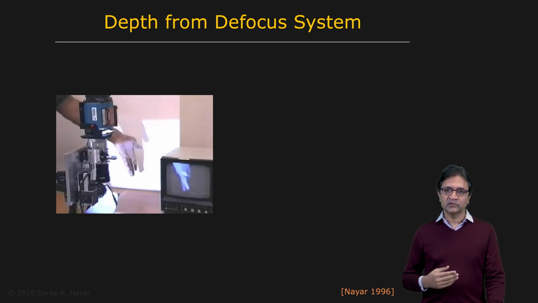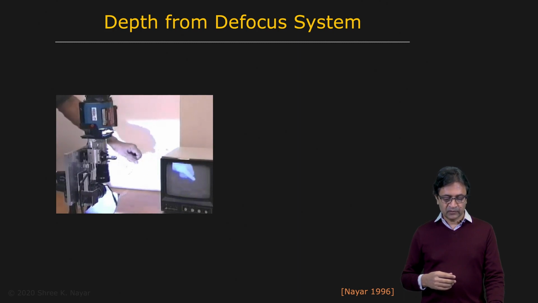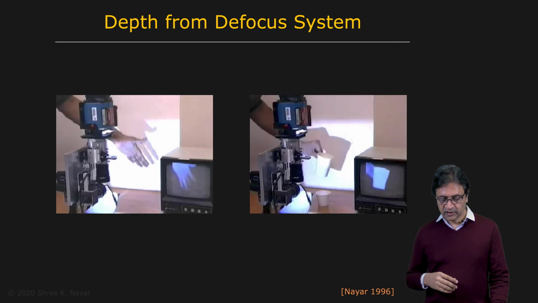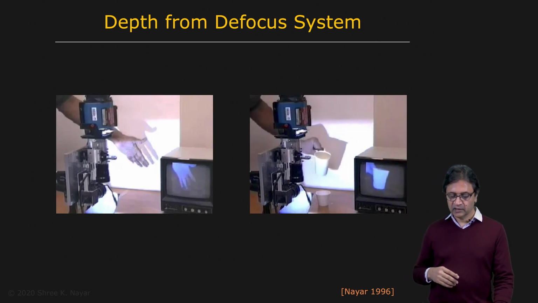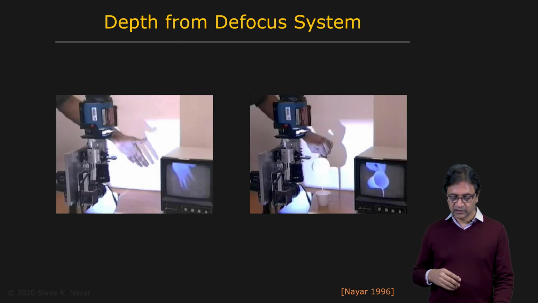And this was perhaps the first real-time demonstration of depth from defocus, where the three-dimensional structure was being computed at roughly 30 frames per second. Here's another example. It's a cup, and there's some milk in the cup. And you can, in fact, see that the cup is reconstructed, and so is the liquid that's flowing out of the cup.